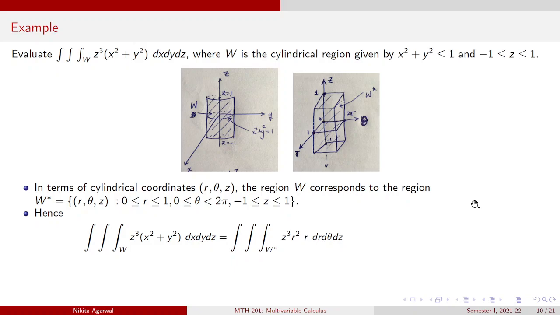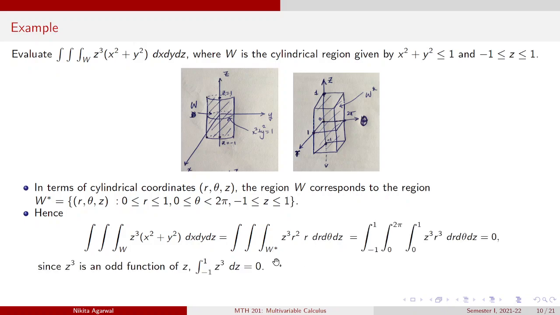So if you look at the integration, you replace x by r cos theta, y by r sin theta, z remains as it is. This is what you get. And then you have an additional r which comes from the change of variables, and you integrate over the new region. But this is nothing but integrating over a box, right?